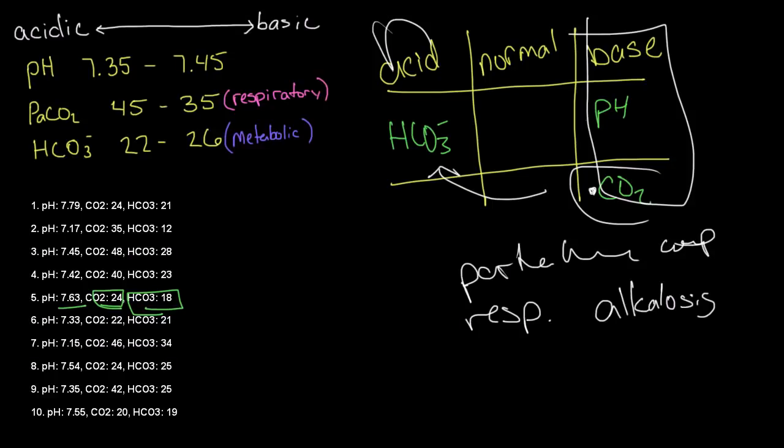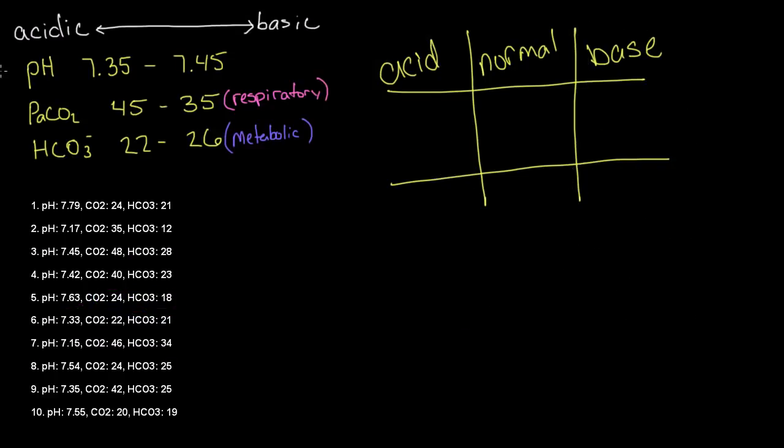Number 6. pH is 7.33. This is acidic, so this goes in this column. CO2 is 22. It's basic, so CO2 goes over here. HCO3 is 21. Acidic, it goes in the acid column.